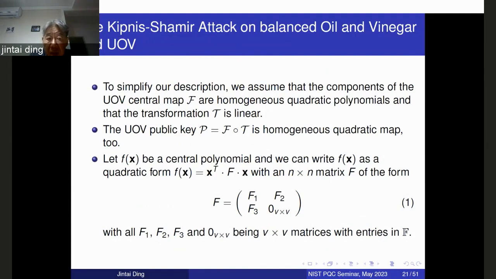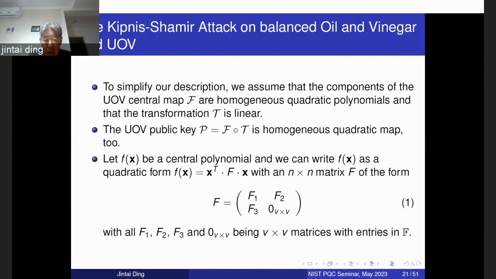Okay, to simplify our description, we assume the components of UOV are all homogeneous quadratic maps, because the linear part doesn't matter much. Then the public key cryptosystem is considered as a set of homogeneous quadratic maps, P equal to F composed with T. Let's look at the polynomials again. Now we have polynomials which are purely quadratic. Therefore a polynomial F(x), one of the components of the central map, can be viewed as a quadratic form.